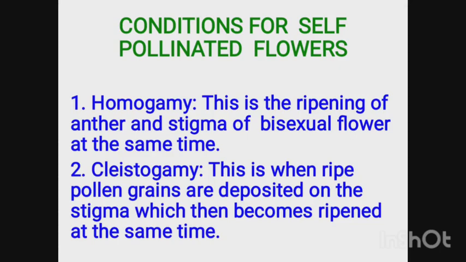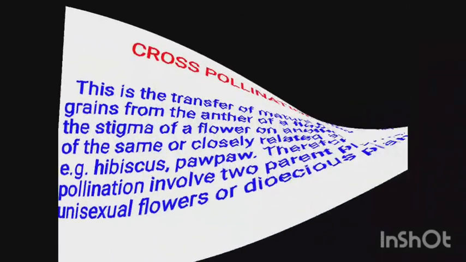So the stigma also becomes ripened as soon as a ripened pollen grain is dropped on it. The stigma also has to get ripened for pollination to take place. So both of them have to be ripe. The pollen grains have to be ripe, and the stigma has to be ripe for self-pollination to take place.